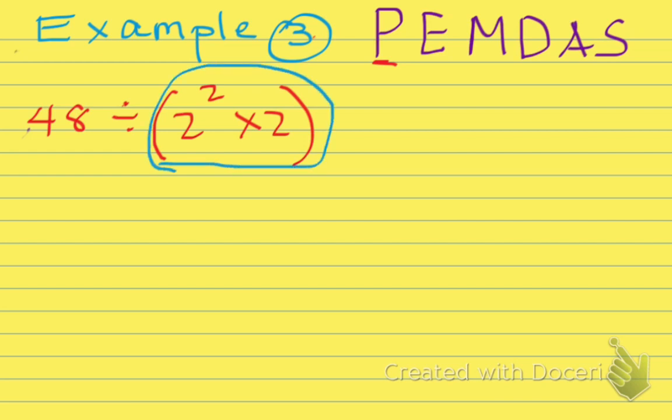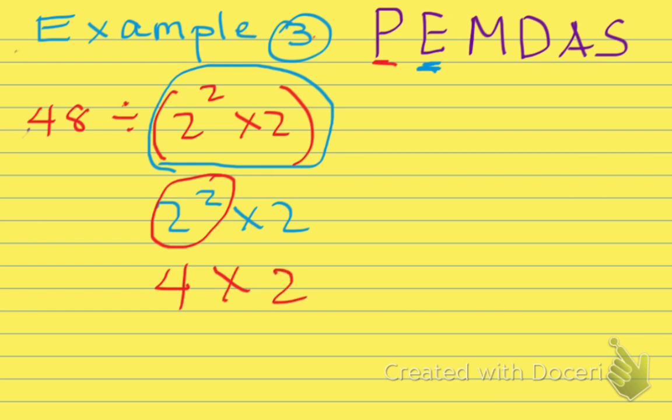Solving 2 squared equals 4. 2 times 2 equals 4. So let's write down 4 times 2 equals 8.